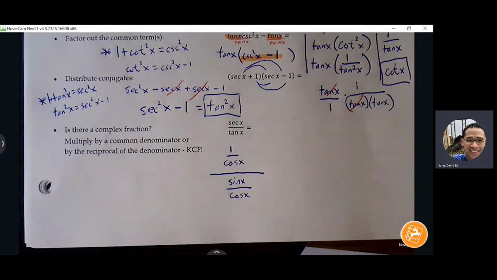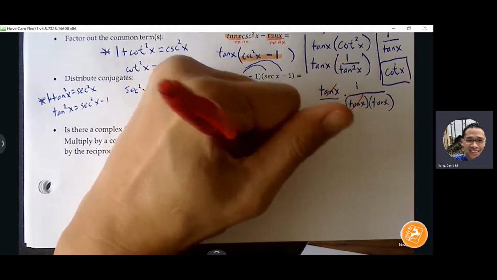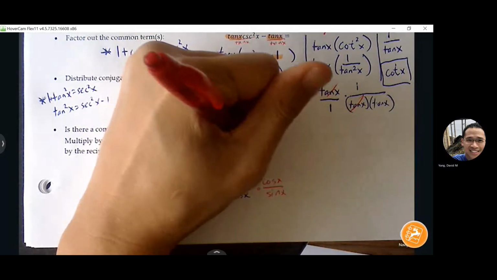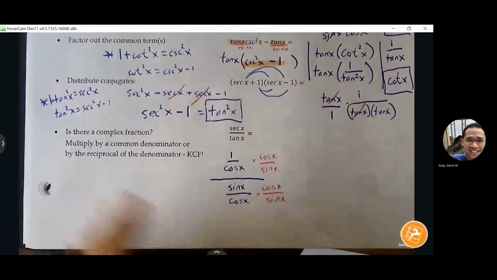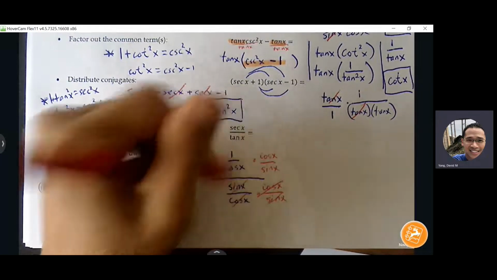Okay, so I have a fraction over a fraction, which is messy, but I can always flip that denominator to make it come up, right? Dividing by a fraction is the same thing as multiplying by the reciprocal. So if I can identify the reciprocal at the bottom, I can bring that up to the top. The reciprocal at the bottom will just nicely go away because it got moved up to the top.